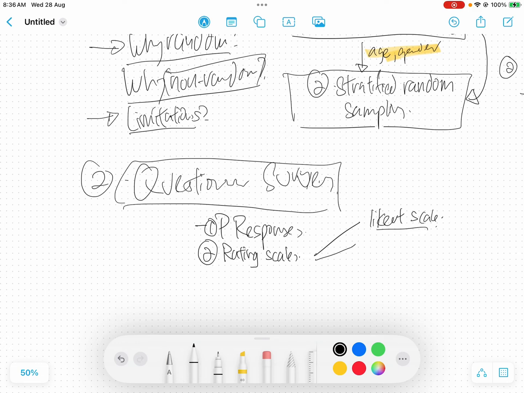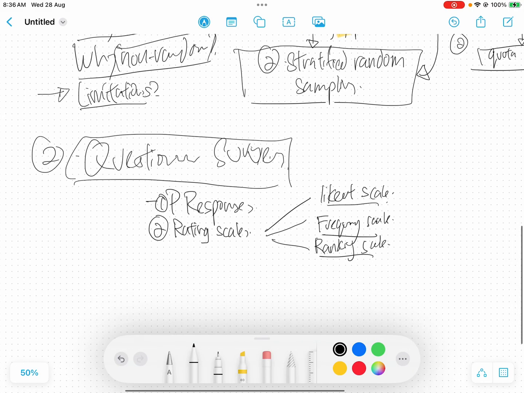And then you have the frequency scale, whereby it talks about the number of occurrences, and then you have your ranking scale, whereby it talks about how the participant would like to rank the certain issues that you're looking at.